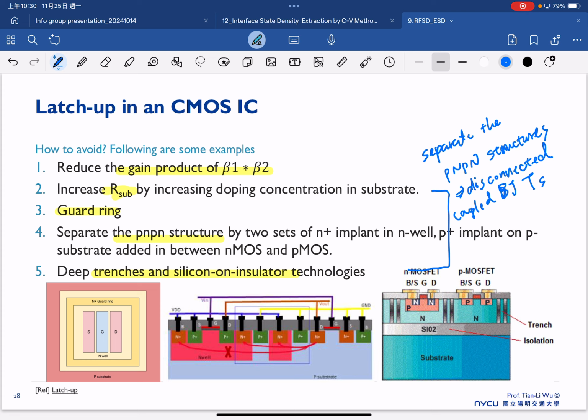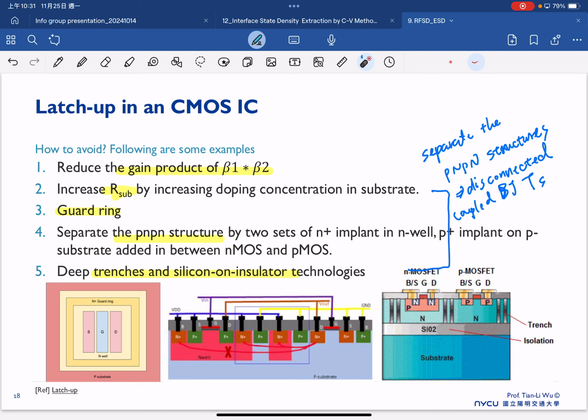For example, let's look at this one. A very interesting approach is this one with the SOI. Inside the SOI, it's not possible for the BJT from this side to be coupled with this side, because we have a very deep trench to isolate the signal and also the SOI to isolate the substrate. Therefore the BJT in here cannot be coupled with here. So that's one of the ideas.